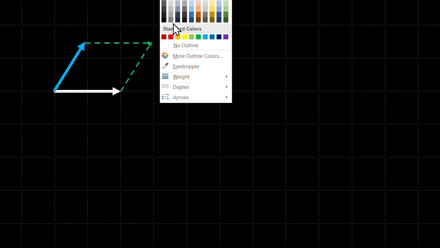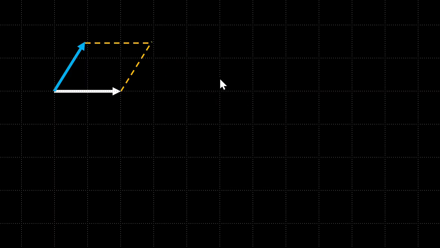Let's make the resultant red, and the question states that this angle is theta, and let's call this phi.